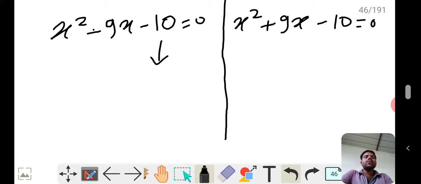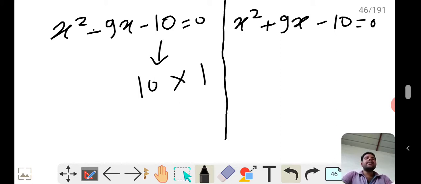If we take the numbers from the first case, that is 5 into 2, we will not get the sum as 9. So we have to take the multiplication like 10 into 1. We want minus 10 as the multiplication, so we can take one of the terms as minus.